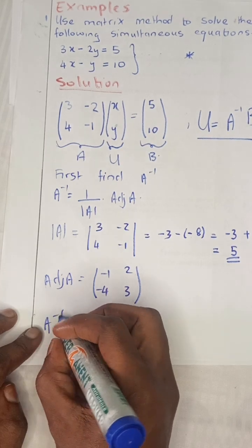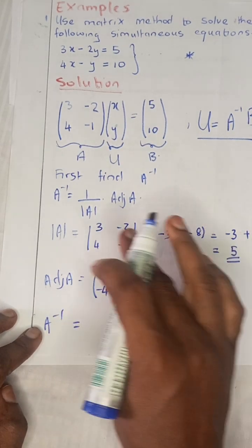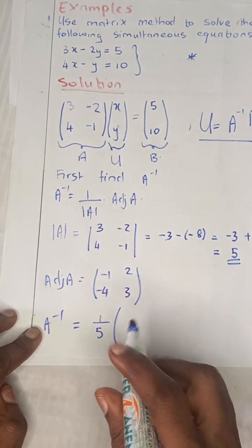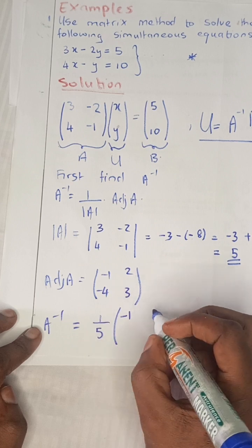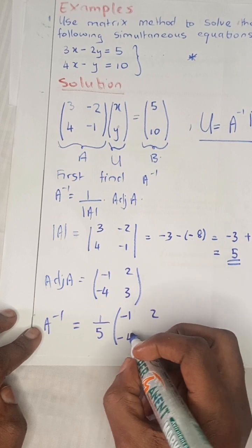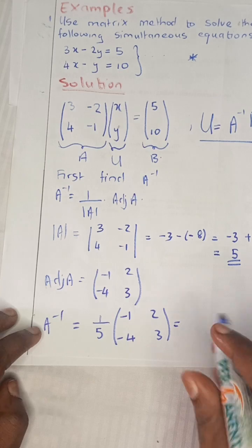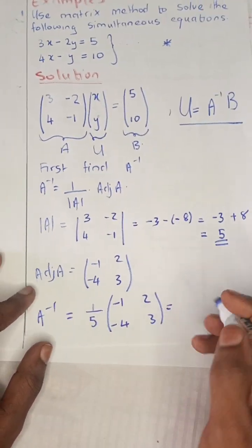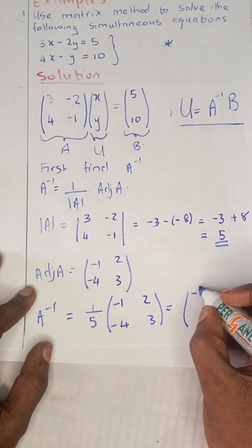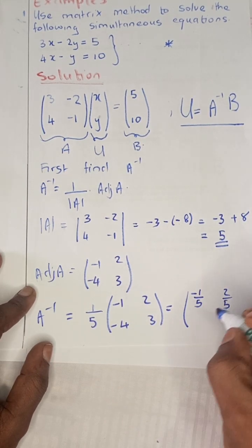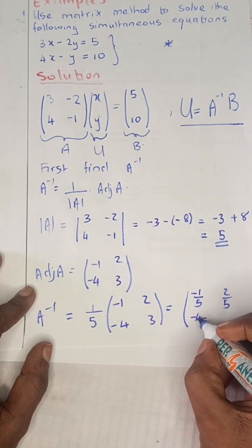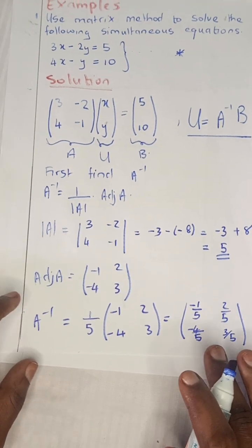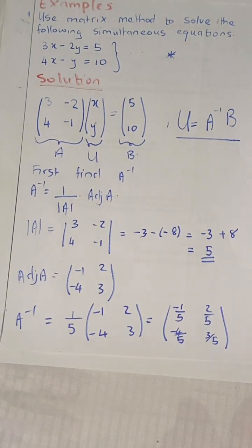And with this, we obtain A inverse to be 1 over determinant of A, that will be 1 on 5, times the adjugate of A, and that gives us, again, you could leave it like this, or you could multiply the matrix by the scalar to obtain -1 on 5, 2 on 5, -4 on 5, and 3 on 5. So that is the matrix A inverse.